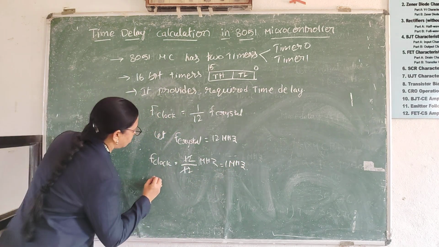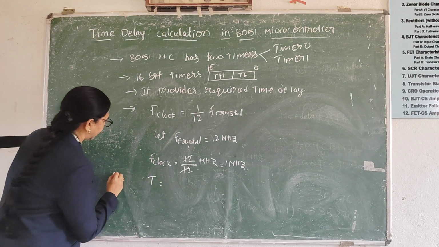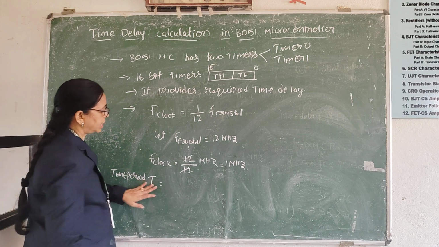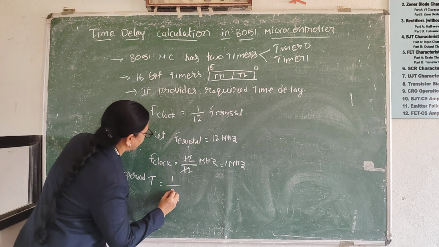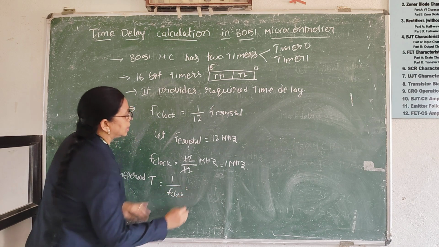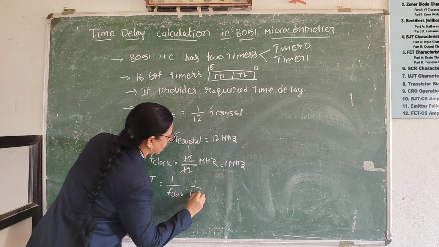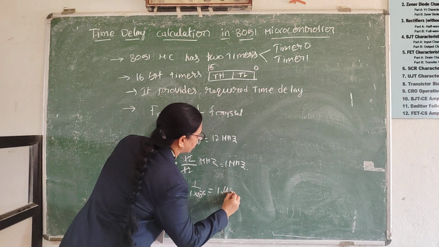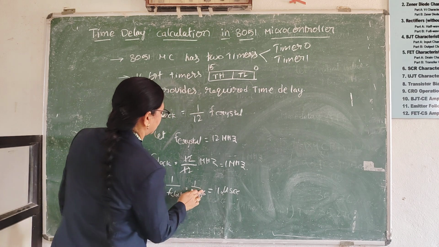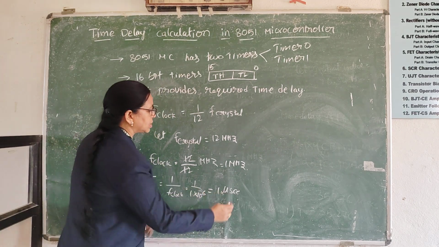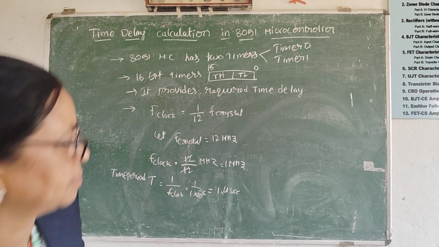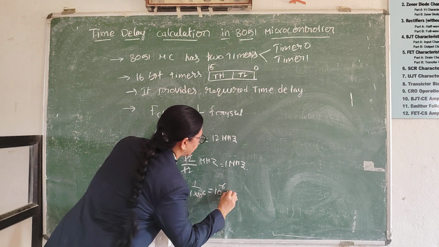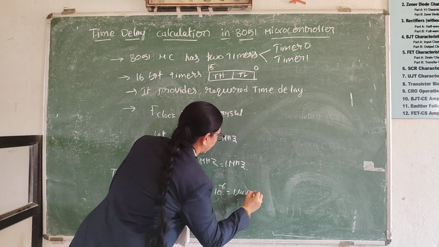We can calculate the time period T. Time period T is equal to 1 by f clock, that is 1 by 1 megahertz, which is 10 power minus 6, that is 1 microsecond.